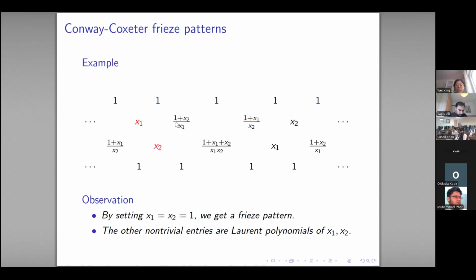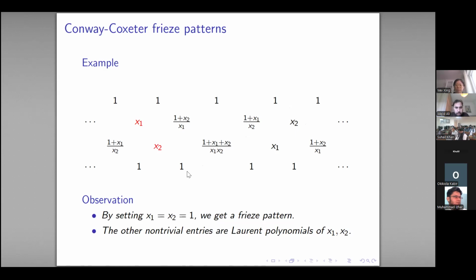And then we can calculate that this position should be a new variable, which is given by 1 plus x2 divided by x1. And similarly, if you look at this diamond, we have this entry and x2 and 1, and we can calculate this entry as well. And you can see that after several steps, x1, x2 appear again.